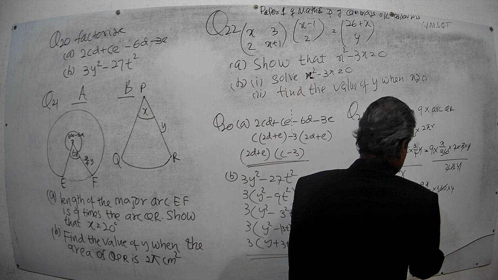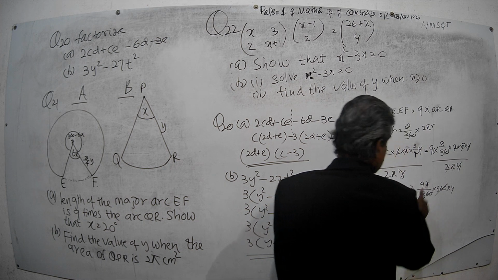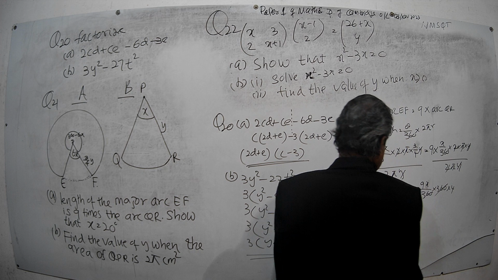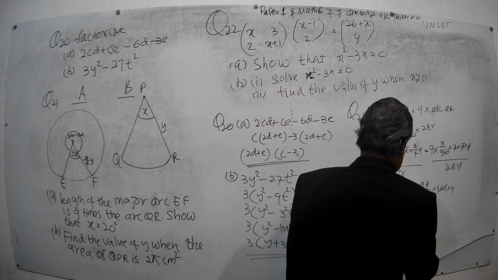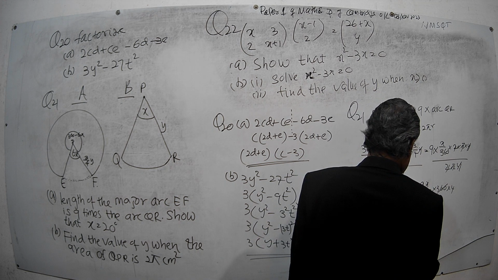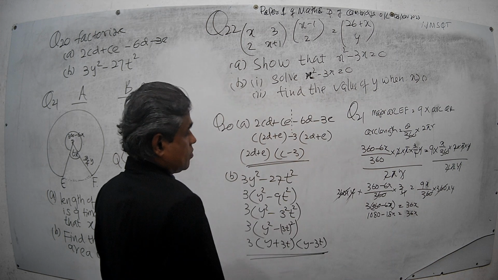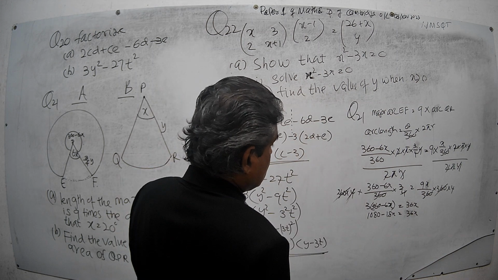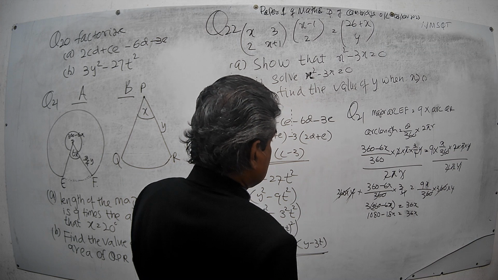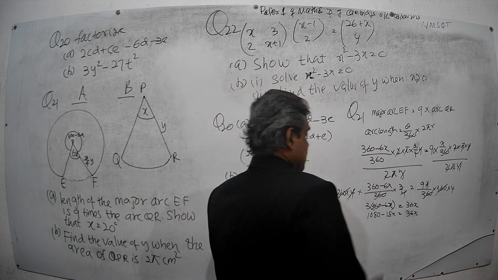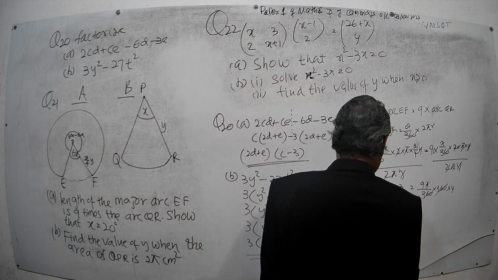Here this is not just 9x. 9x times 4 is 36x. Okay. Then you take this 18x to that side.